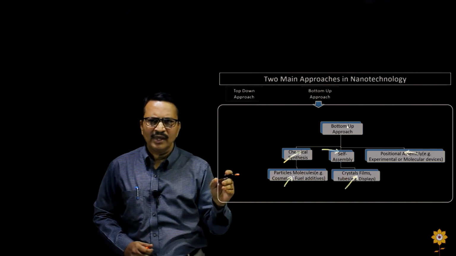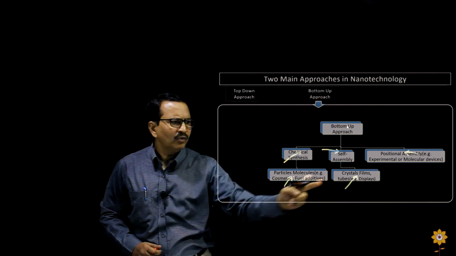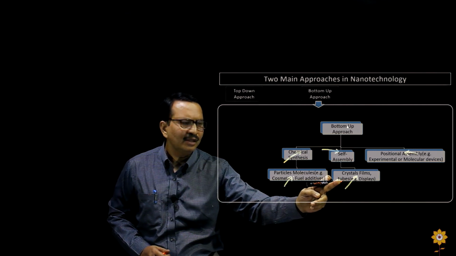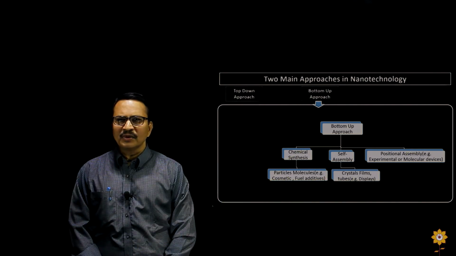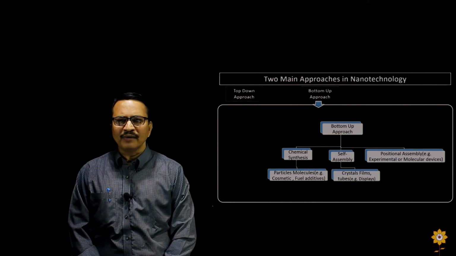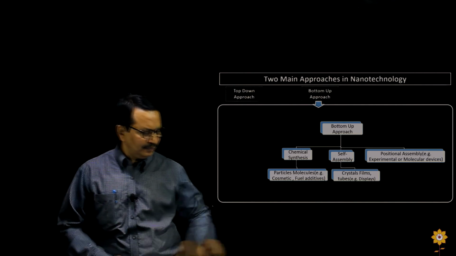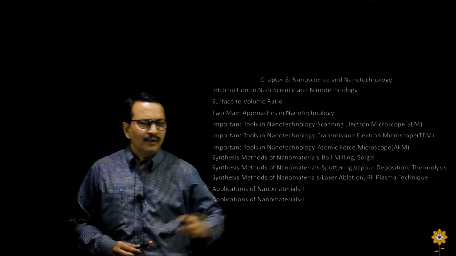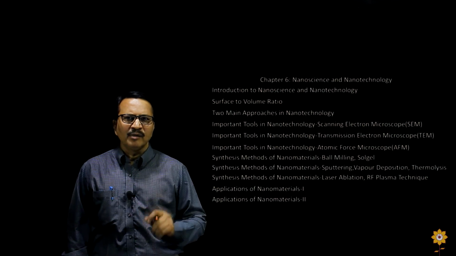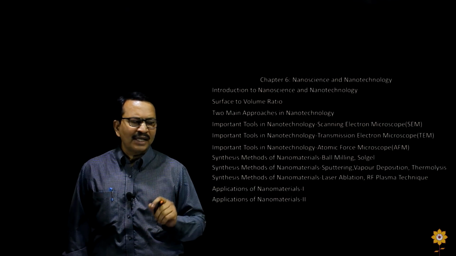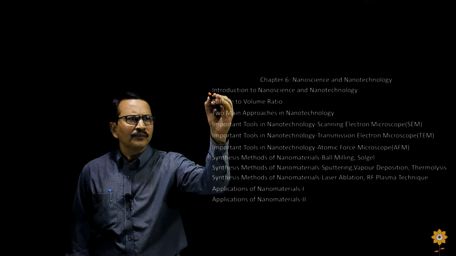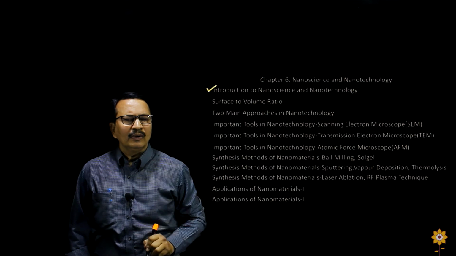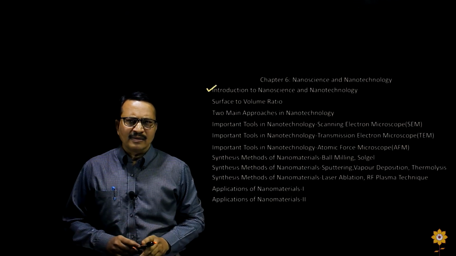So the example which we had given in the previous slide belonged to this particular category of self assembly. So students, this brings us to the end of this particular video lecture. Here is a quick recap of what we have learned in this video lecture. First, we gave a brief introduction to nanoscience and nanotechnology, understanding what we mean by the nanoscale and what we mean by nanomaterials.